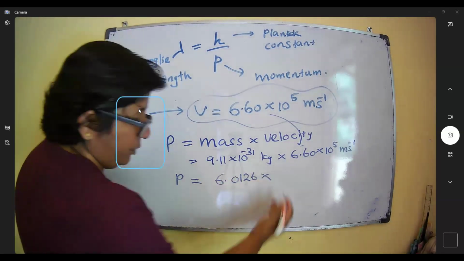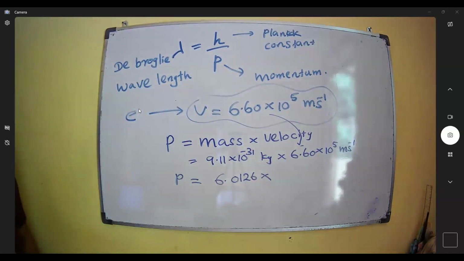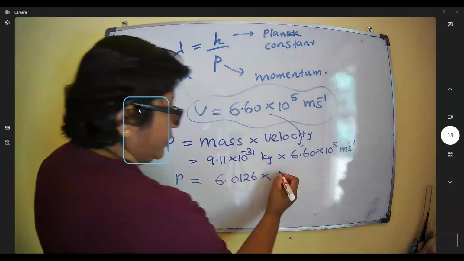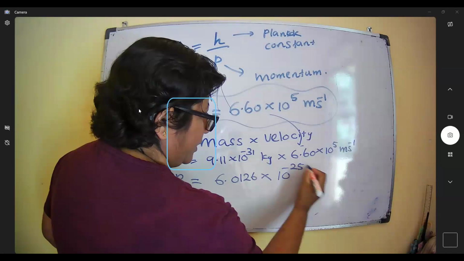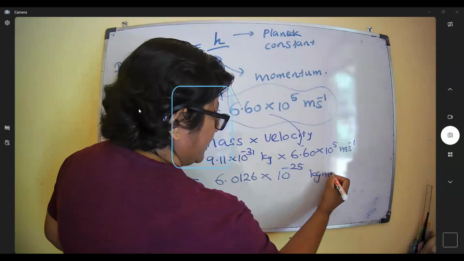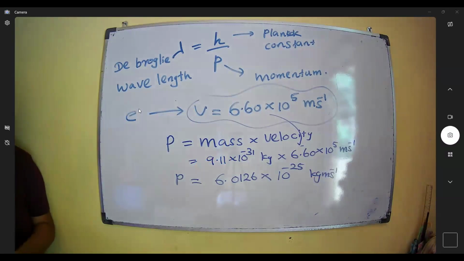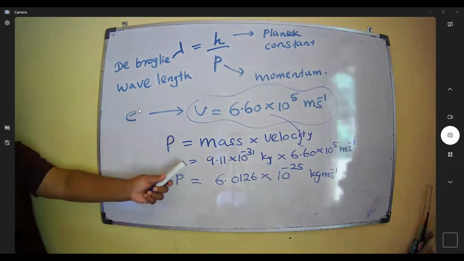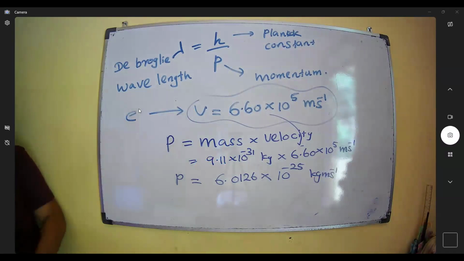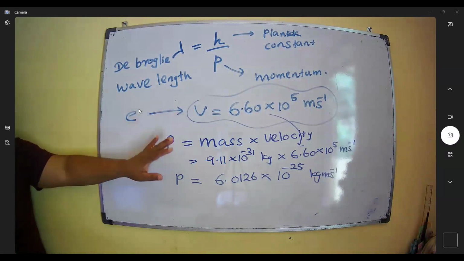The value is 6.0126 × 10^-25 kg m s^-1. This is the momentum related to the electron mass multiplied by velocity. The electron momentum we can calculate.